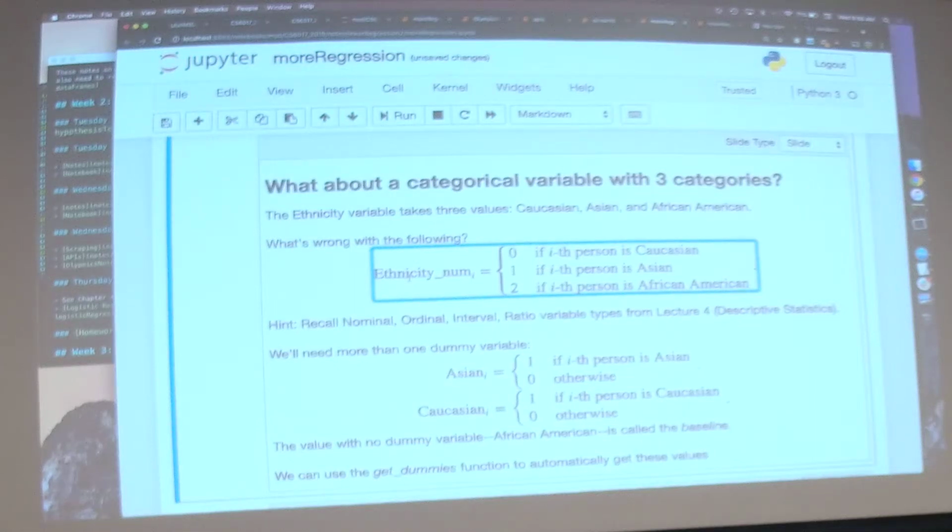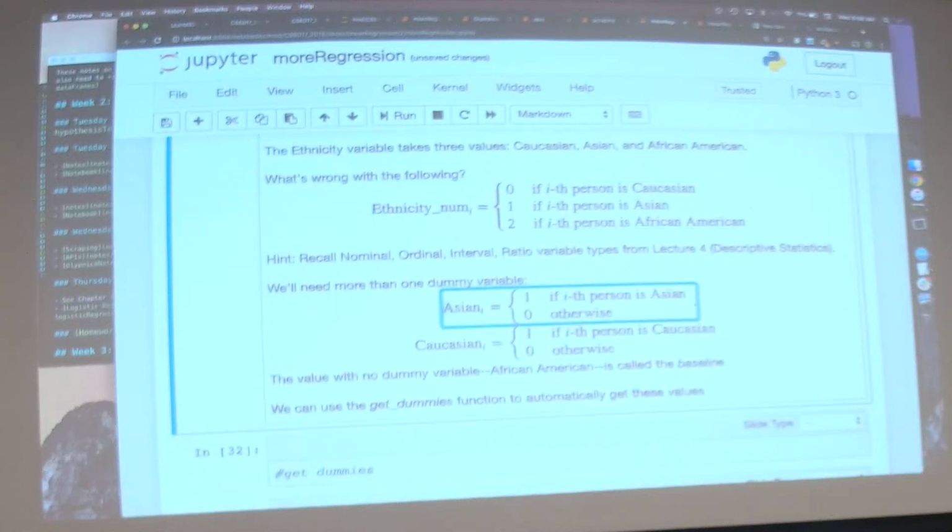So what we usually do with these types of categorical variables is we make a column for each category and assign it 0 or 1 if it's true. For the ethnicity, we would make Caucasian, Asian, and African American columns.